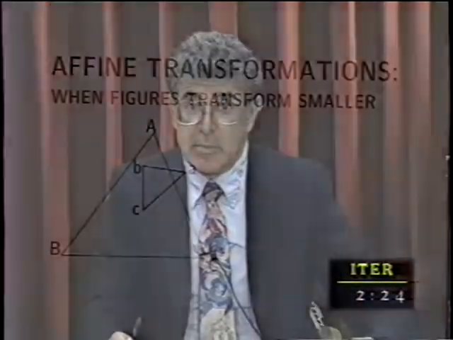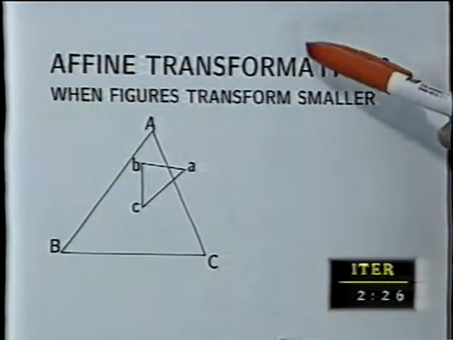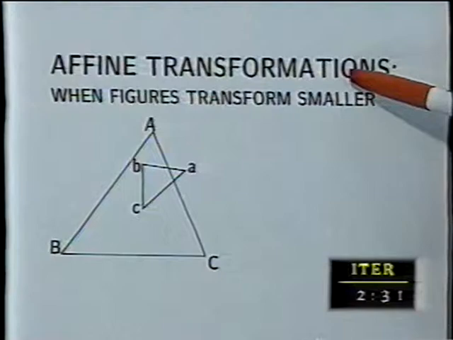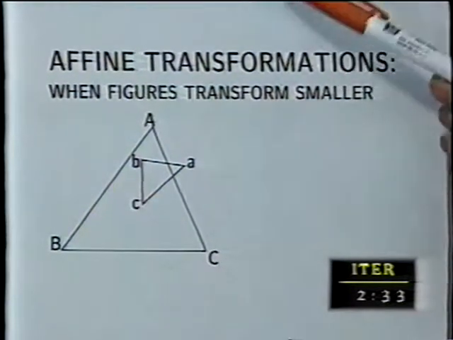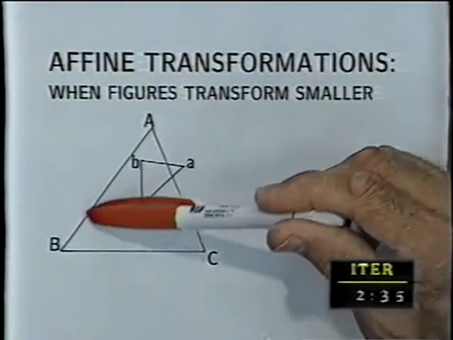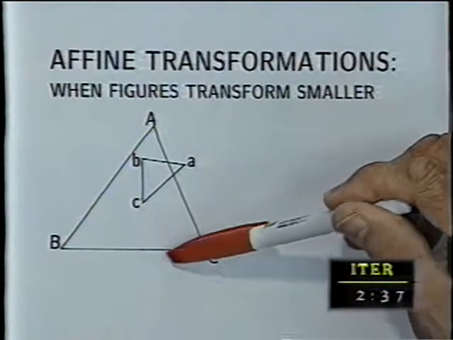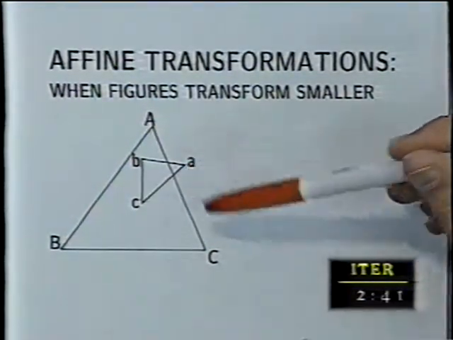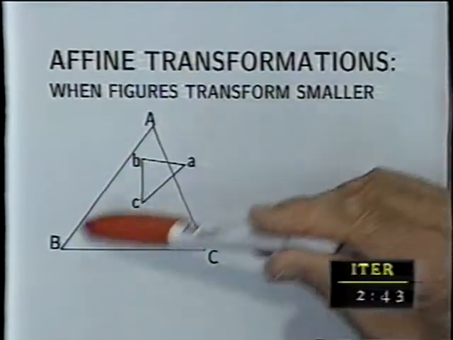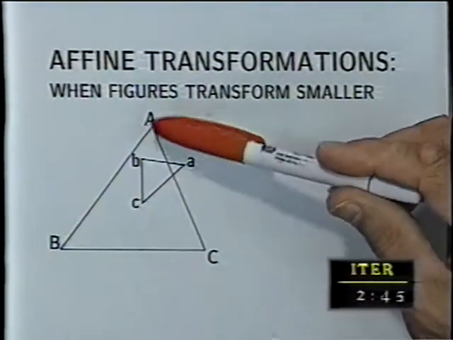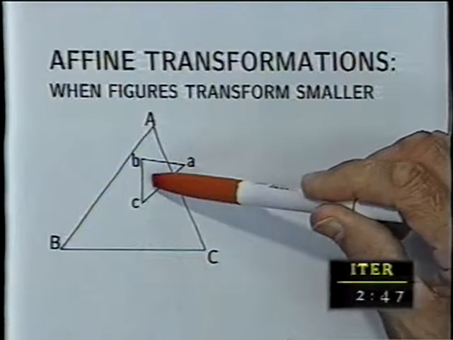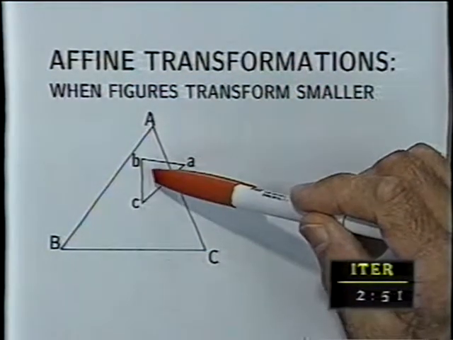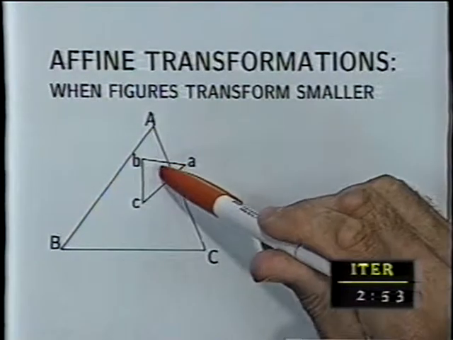let's look at the picture, because we're going to use the pictures. What I've been talking about are called affine transformations. Some transformations can make the thing blow up. But if you take all the points in a triangle and transform them by a transformation into a smaller triangle, we call it an affine transformation. And this is the kind of transformation which converges to a point.